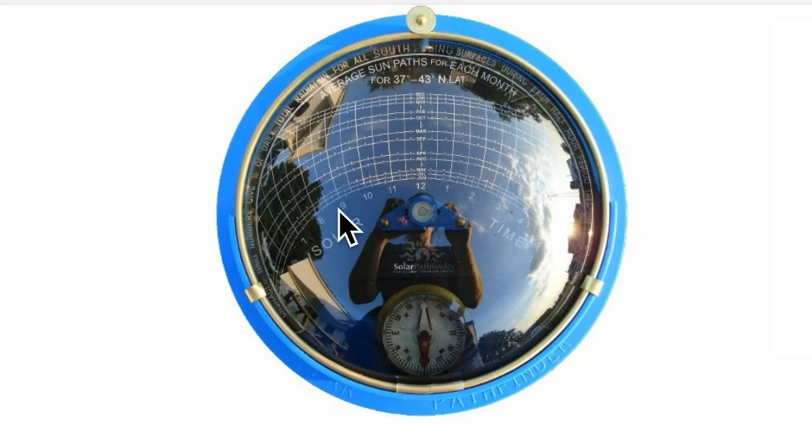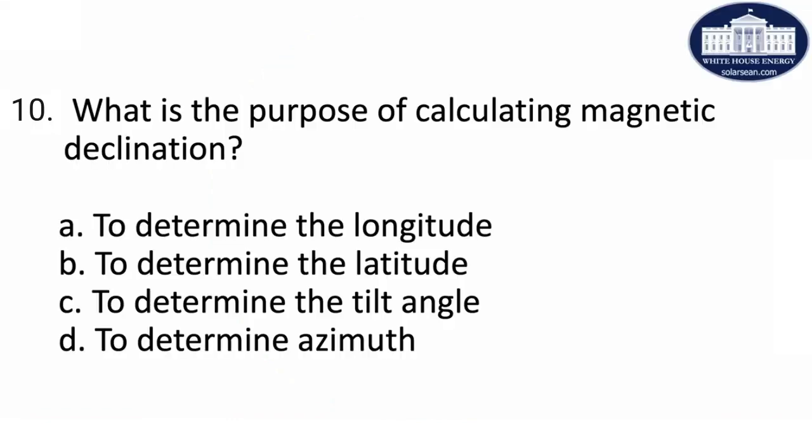And if you're on the East Coast, you would spin it clockwise to correct for magnetic declinations. So we're relevant. This does shading analysis. It's great for site surveys. It doesn't even require electricity. Solar Pathfinder. So magnetic declination helps us figure out our azimuth.